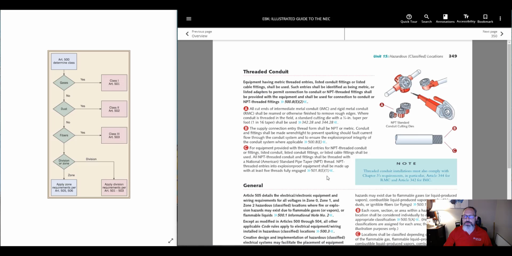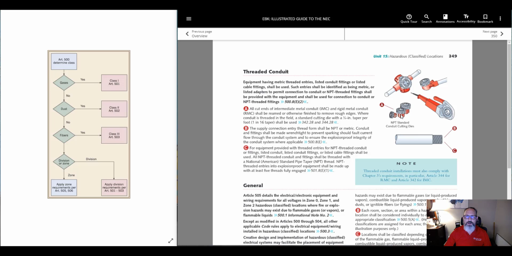Now, when it comes to installing in an explosive environment, or you need to put in explosion-proof electrical installations, it's very important that you understand you have to use threaded pipe in a Class 1, Division 1, Class 2, Division 1, and Class 3, Division 1. So the pipe needs to be installed with threads, and there are a few different types of dies that you can get for threading.